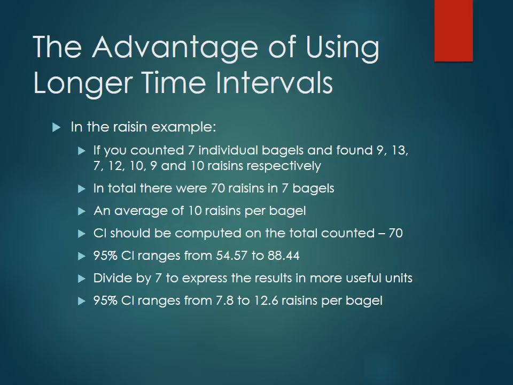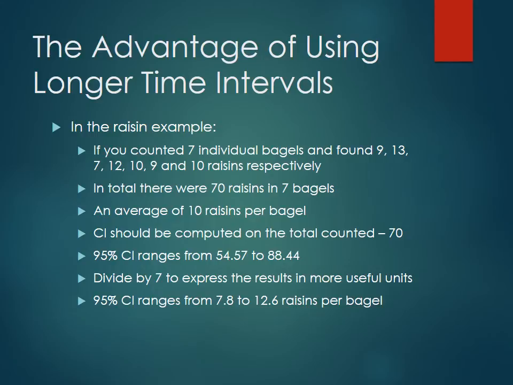But the CI, or confidence interval, should really be based off that total count, so you're going to use 70 as your C value. By doing that, the 95% confidence range goes anywhere between 54.5 raisins per 7 bagels up to 88.4 raisins per 7 bagels. Then you can just divide that 7 out, and you'd have your 95% confidence interval for just 1 bagel.